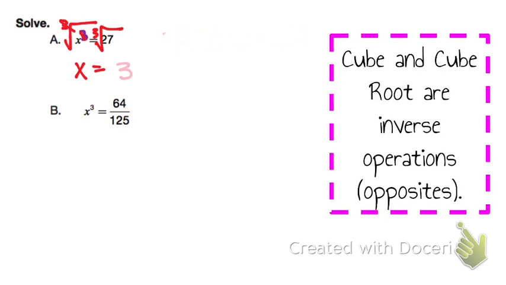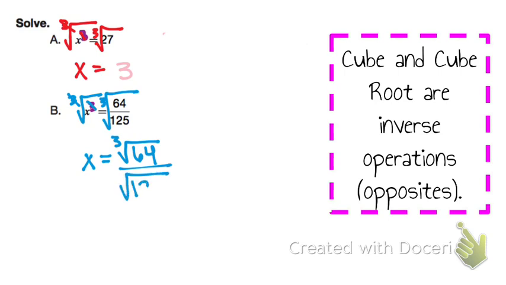Now let's do the same thing for B. Same deal. To undo this cube, we're going to do the opposite, the inverse, which is to take the cube root. So we need to take the cube root of the left side, and the right side as well. That cancels out our 3 there, so on the left, we're just left with x. And on the right, we're going to take the cube root of 64 and also the cube root of 125.